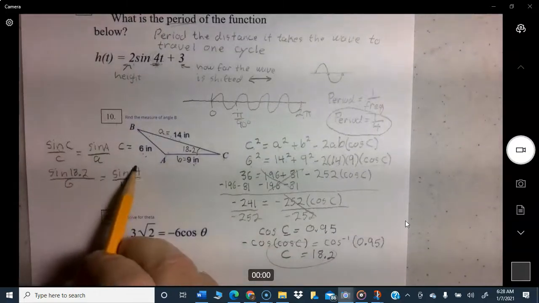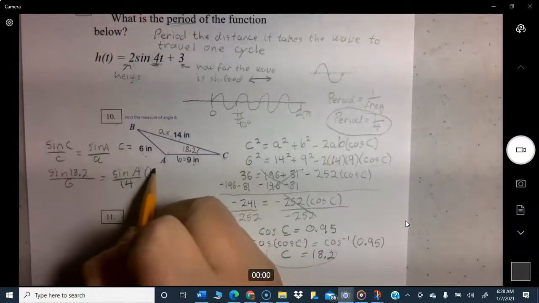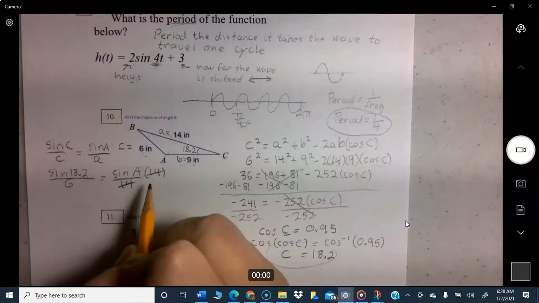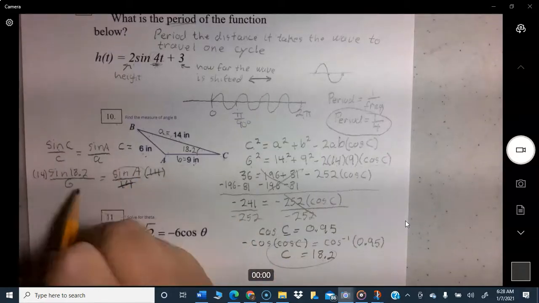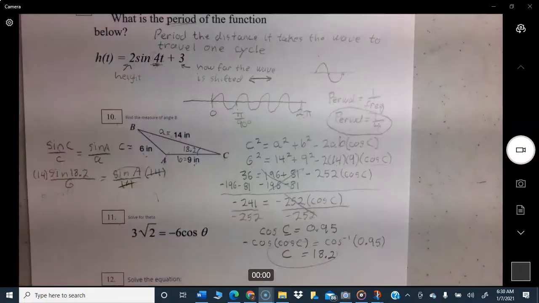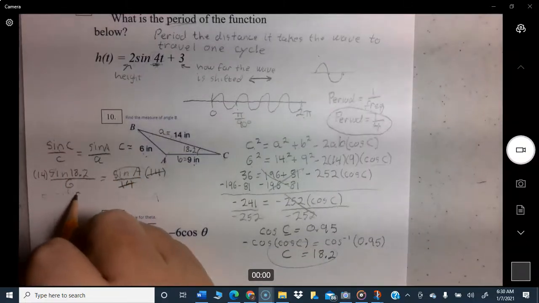We need to solve for this, so we're going to multiply both sides by 14 so that cancels out. You have to multiply this side by 14. So sine A equals all of this. I'm going to write sine A over on this side.